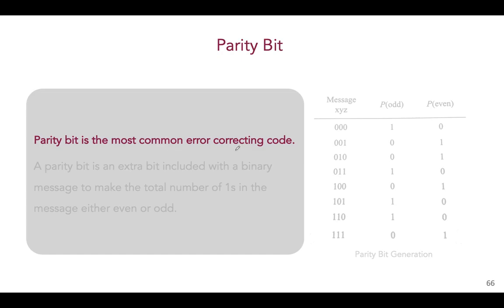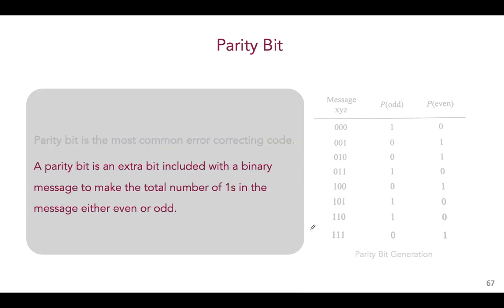All right. Parity bit. Parity bit is the most common kind of error detecting code. A parity bit is nothing but an extra bit included with a binary message to make the total number of ones in the message either even or odd. Suppose you're sending 4-bit binary numbers across a transmission line. By adding a parity bit, now you'll be sending 5 bits.